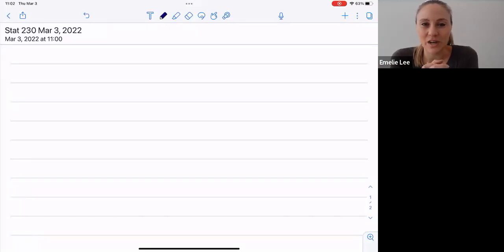Last day we started talking about the sampling distribution of a proportion, so one sample proportion. And what we also said was that we're going to develop these distributions for a lot of different statistics. So not just one sample proportion, we're going to look at how do we compare two sample proportions?